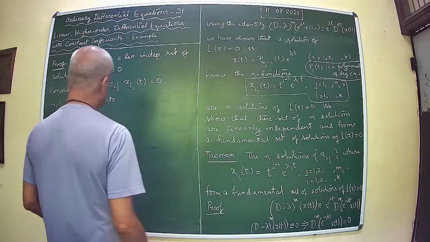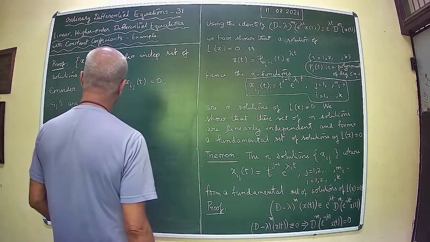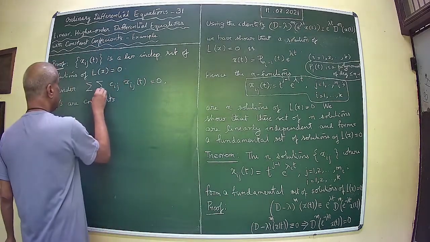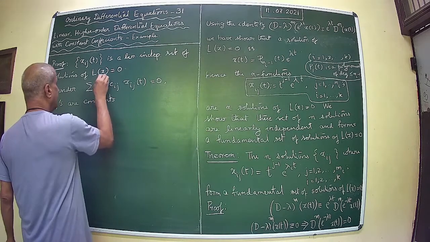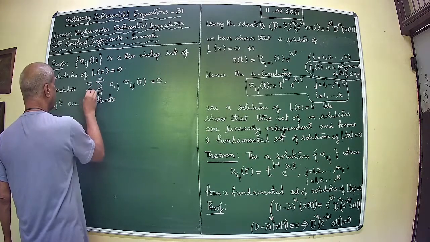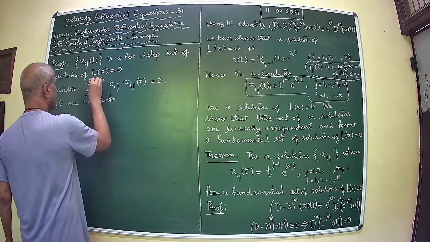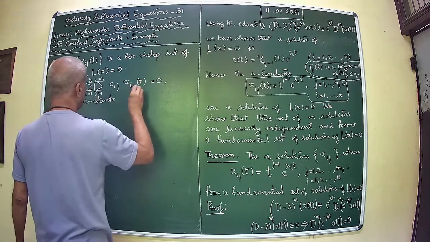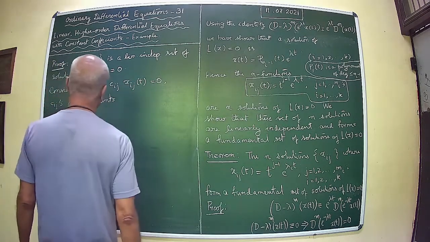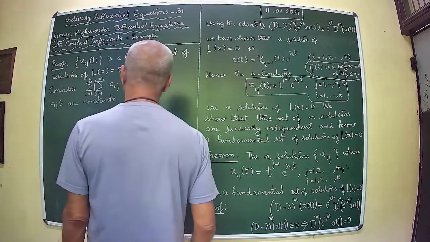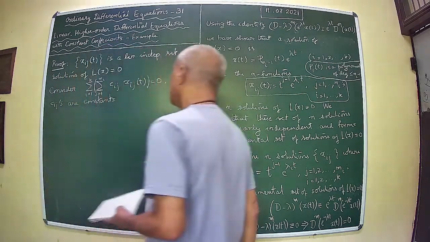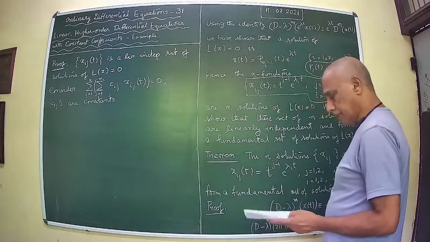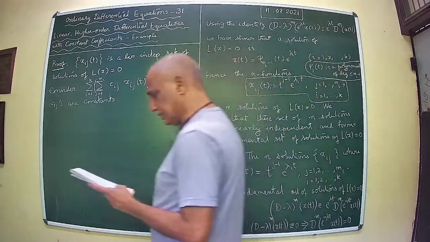So here, of course, j is running from 1 to m_i and i running from 1 to k. Now we want to prove this. So let us see what it is.